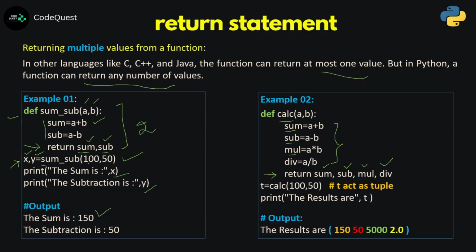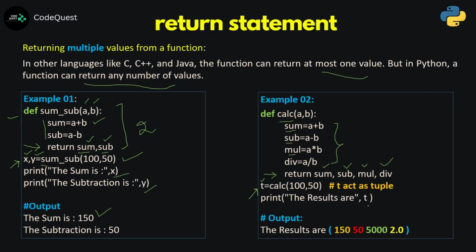From the earlier example we understood that when multiple values are returned, that many variables should be written. But here we have taken only one variable and we are calling the function with these two values. Now this t is automatically going to act as a tuple, because this function returns four values and those four values are grouped under a tuple. As a result, this t is going to act as a tuple.